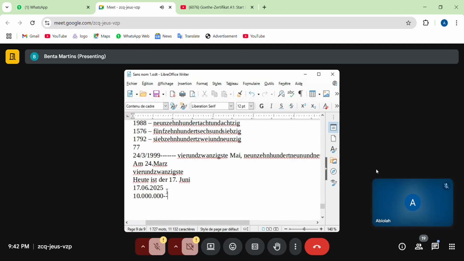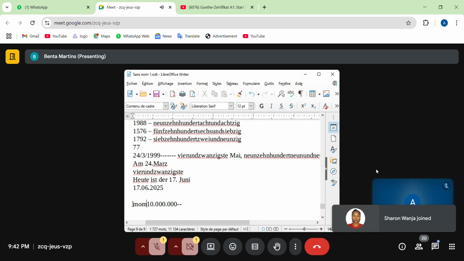So the only place where you include ordinal numbers is dates and the number of a sequence, like the first daughter, second daughter. But when you're dealing with money, in that case it's 10 million.